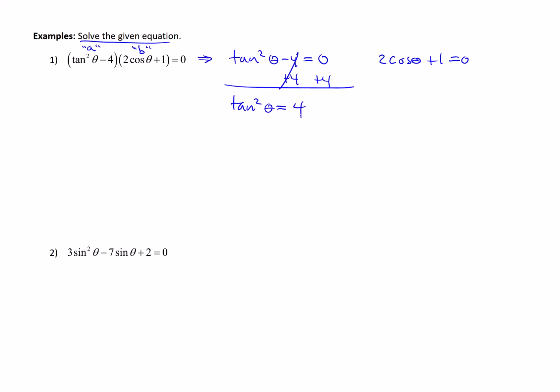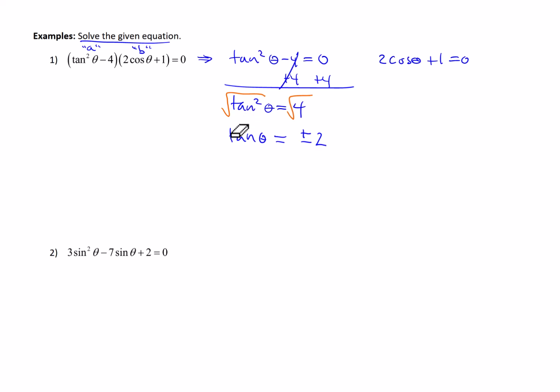And we're trying to get the trig function by itself first. As you may recall, you can take the square root of both sides of the equation, which will take it from tangent squared down to tangent theta, but at the cost of a plus or minus that has to show up on the other side from algebra, as we recalled there.